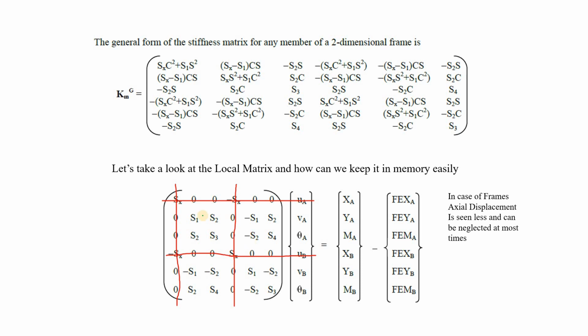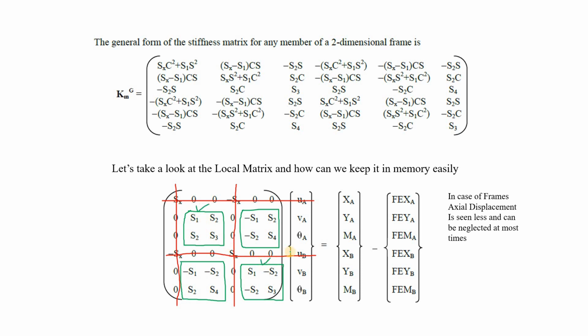Let me take another color. This matrix has 4 parts. This is one quadrant, this is another one, right after that we have another one, and here is another one. So we're actually getting only these parts of the matrix if we disregard the axial displacements. Now to easily memorize it, you can see that this one actually matches this one.